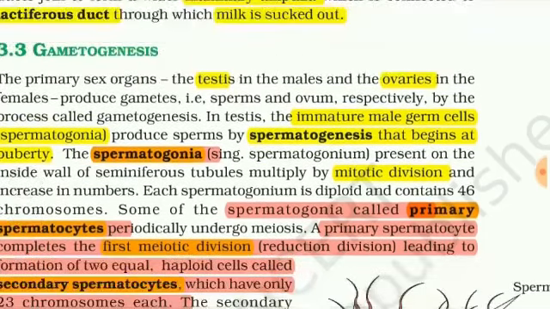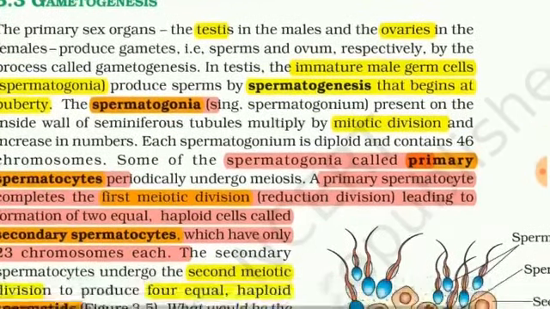Normally sperm, otherwise known as spermatozoon, is produced in the seminiferous tubules. The seminiferous tubules contain various cells, first the primary spermatocytes.